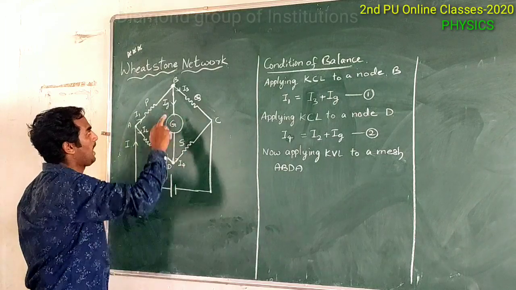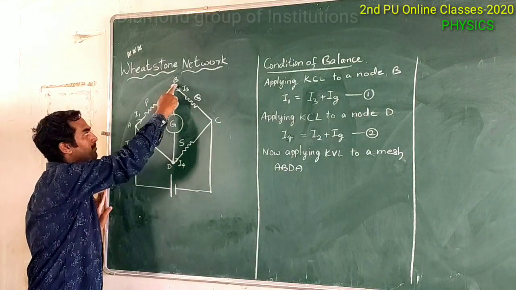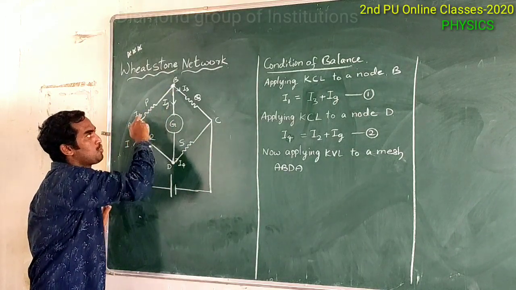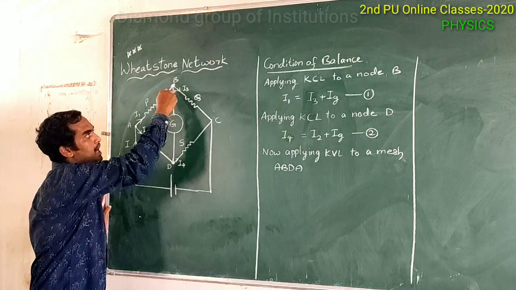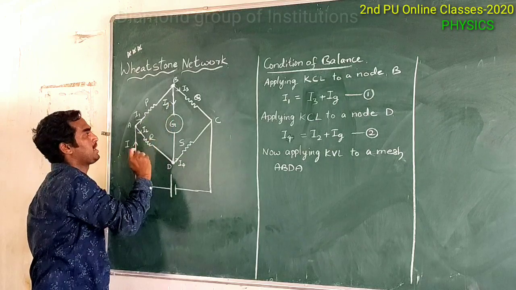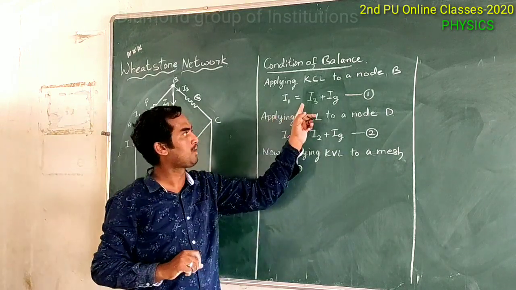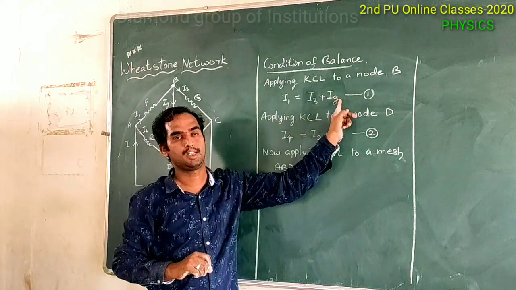See once again, at node B, I1 is towards B, and I3 is away from B, IG is also away from B. So I1 equal to I3 plus IG.